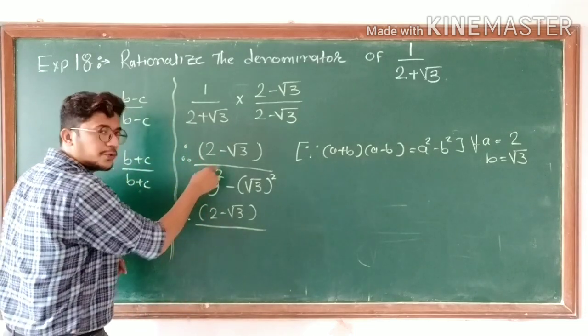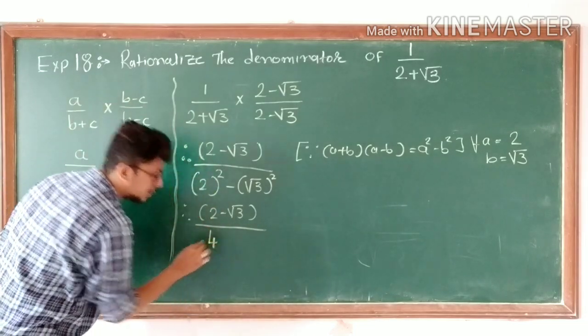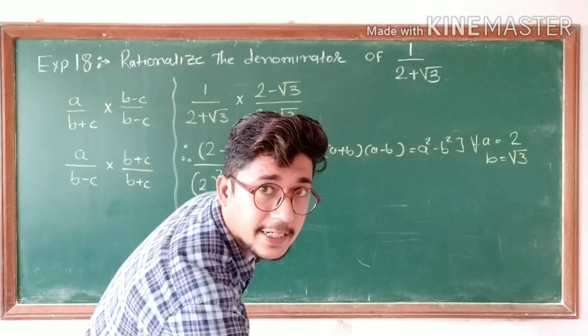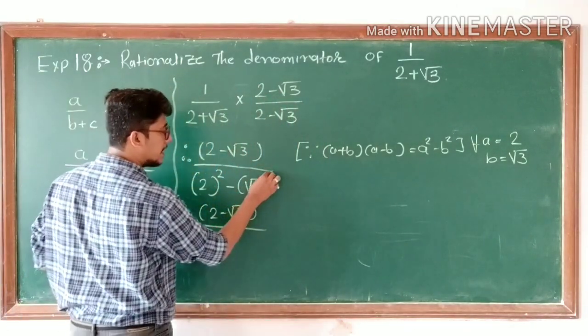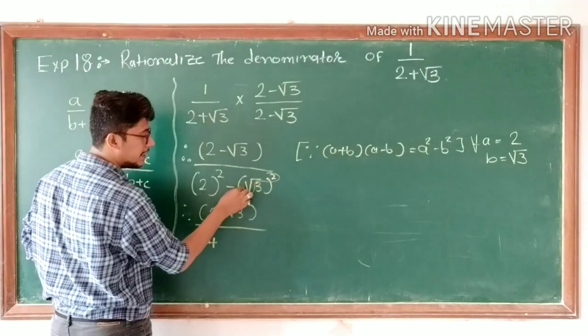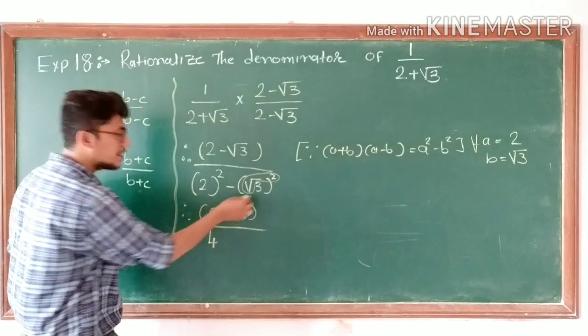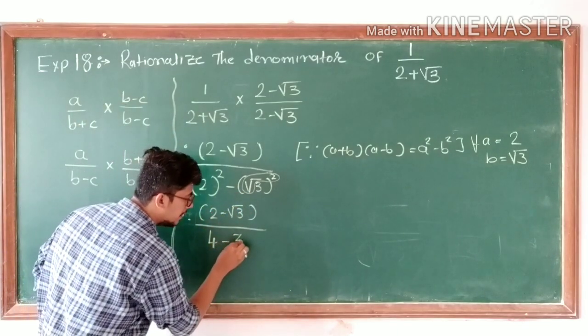Here 2 square is 4, and the square root and square will get cancelled, so the remaining value will be minus 3.